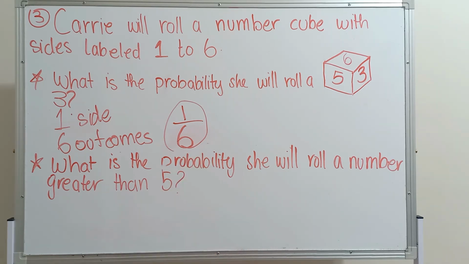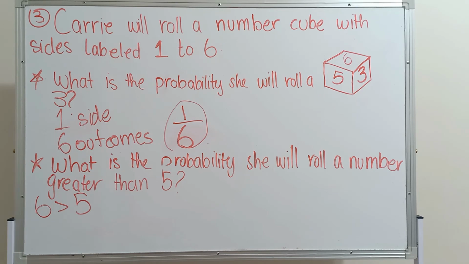We have another part of the question here. It says, what is the probability she will roll a number greater than 5? How many outcomes do we have? We have 6 outcomes, with numbers from 1 to 6. Only one number is greater than 5, which is 6.